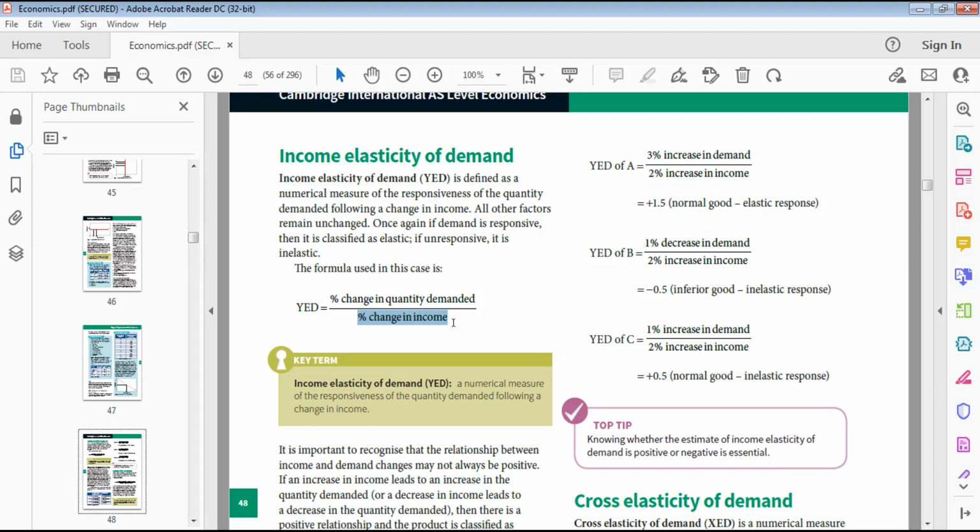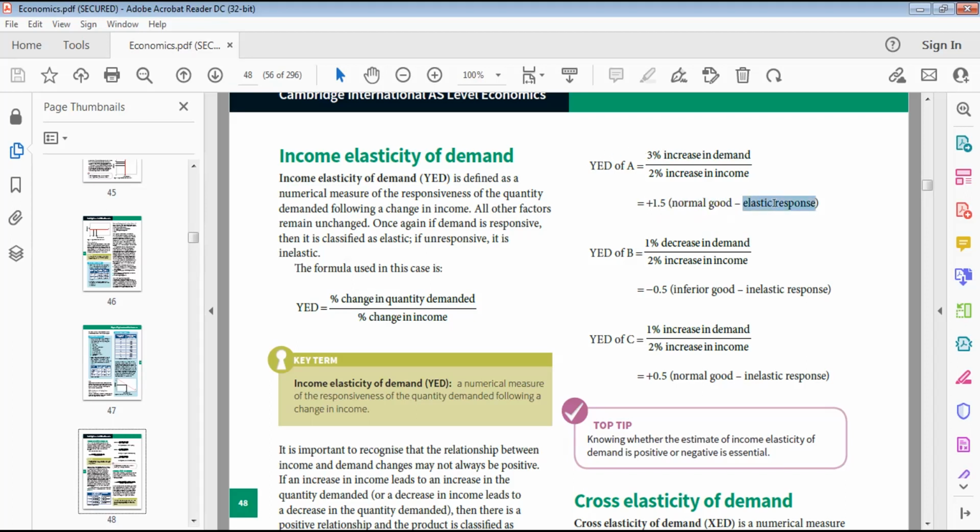In fact, by using this, we can know what kind of product it is. So let's look at this part of the book. This is important. Just like elasticity, if your answer is more than one, it means the product you're talking about is a normal good.